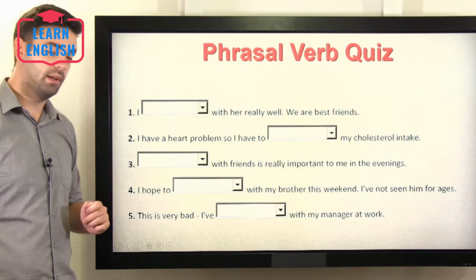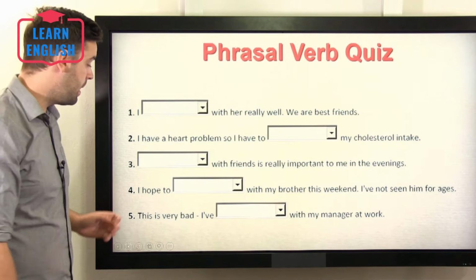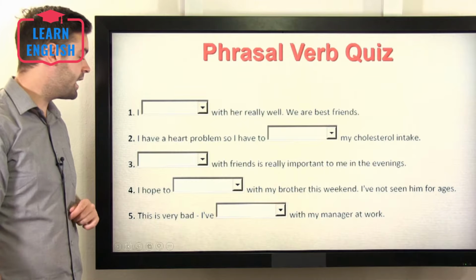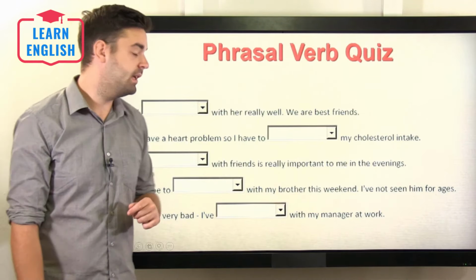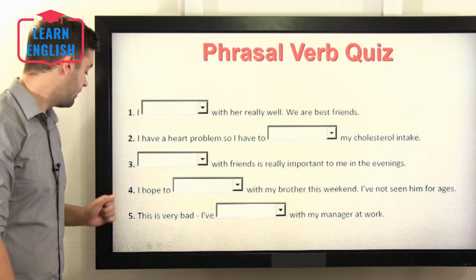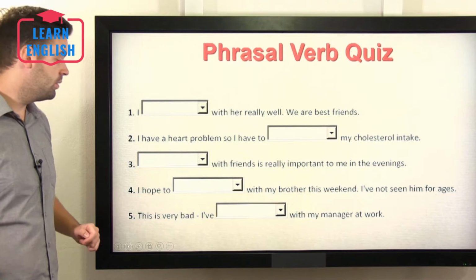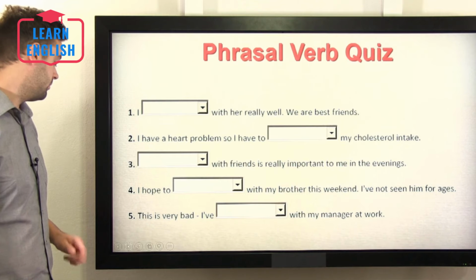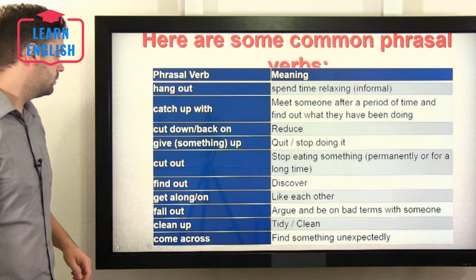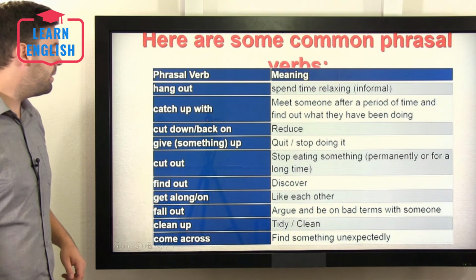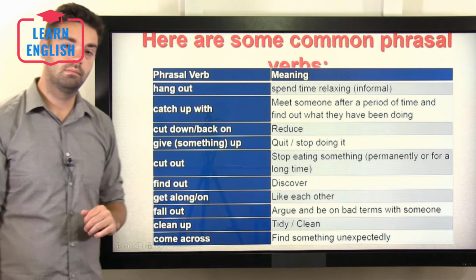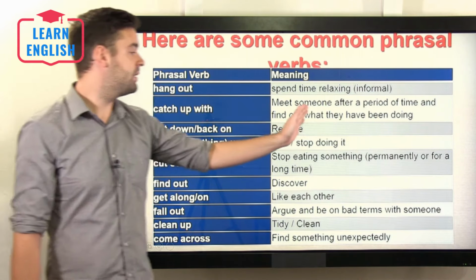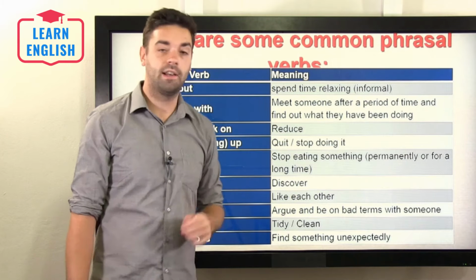So what could number 3 be? Maybe hanging out with friends is really important to me in the evenings. Number 4: I hope to blank something with my brother this weekend. I've not seen him for ages. Maybe catch up with, okay? Because catch up with is when you meet someone after a period of time and find out what they've been doing.